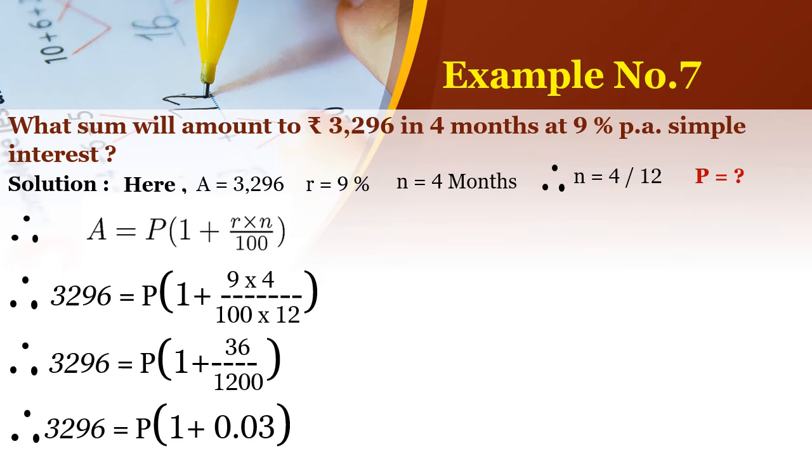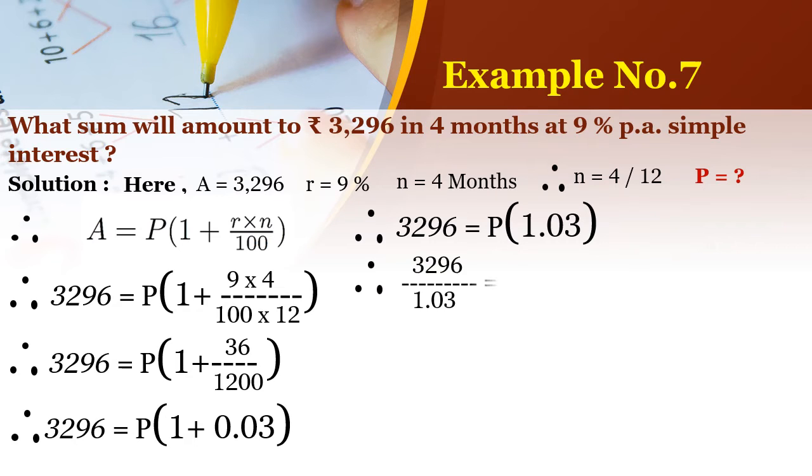Then next step, 3296 equal to P in bracket 1 plus, we divide 36 by 1200, so we get the value here 0.03. Then next step, 3296 is equal to P in bracket 1.03. We take the summation of these two values, 1 plus 0.03, so we get the answer here 1.03.